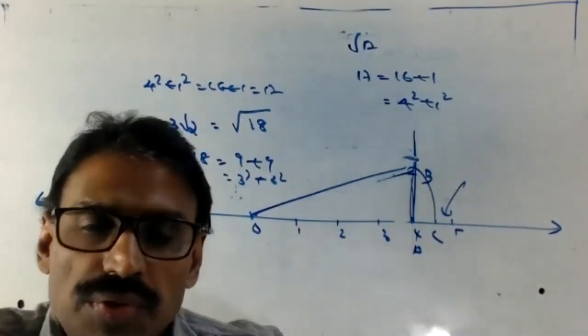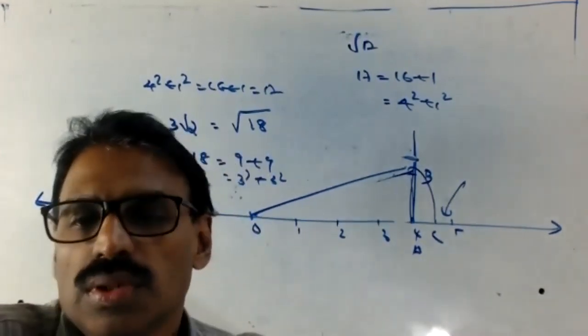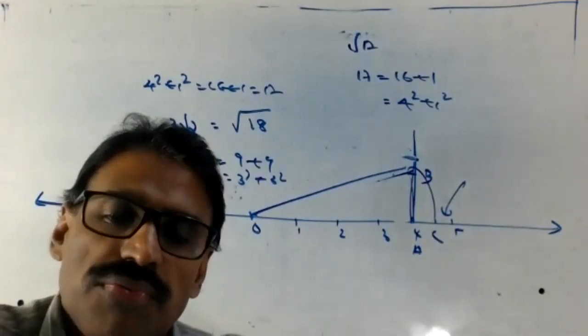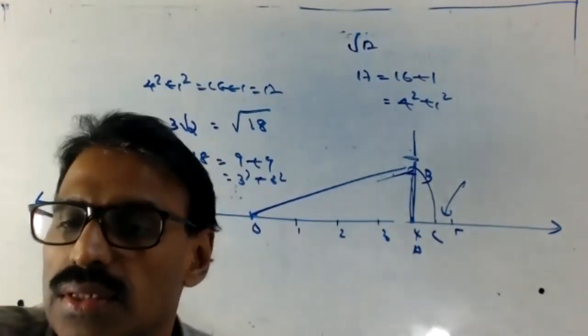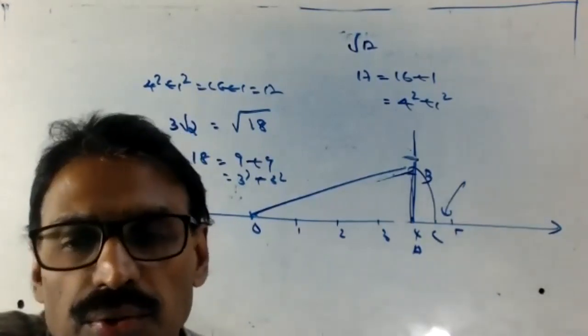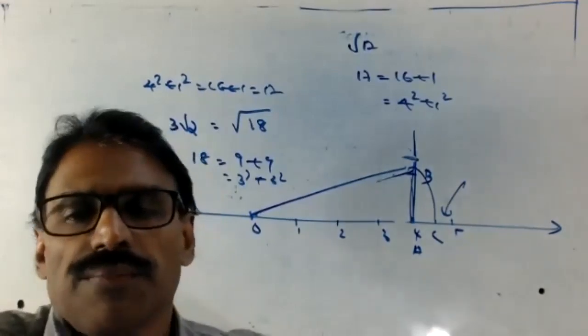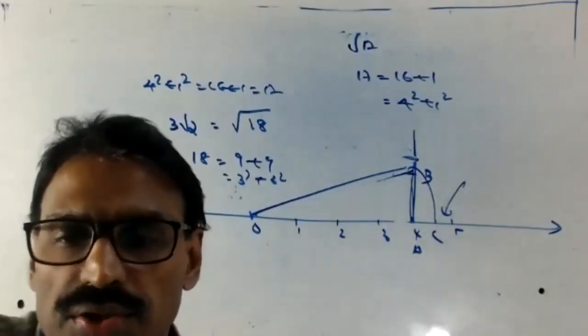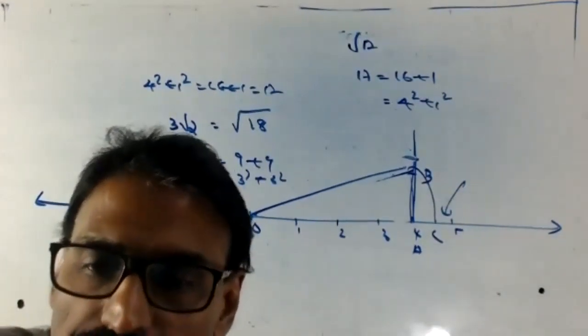Now, we are doing some particular points only. That means root 2, root 3, root of 5. Then you did root of 8. Root of 10 we can do: 9 plus 1, 3 square plus 1 square. We will do it now. Then root of 12 we can do. Root of 13 we did.